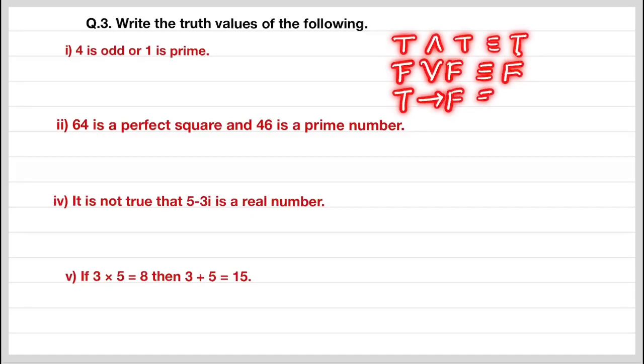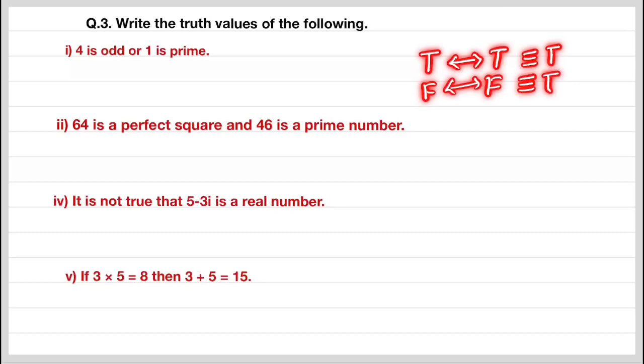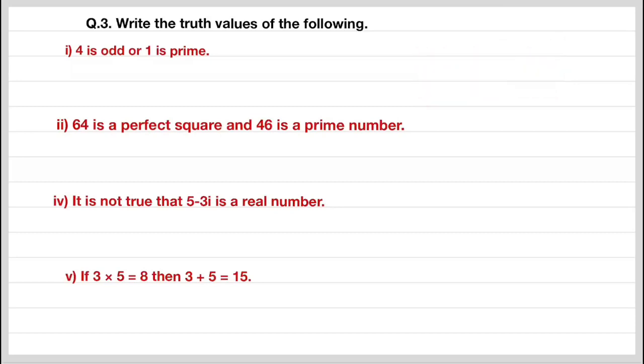And for implication, T implies false is equivalent to false and all other values are true. But for double implication, T double implies T is equivalent to T and F double implies F is equivalent to T and all other values are false.